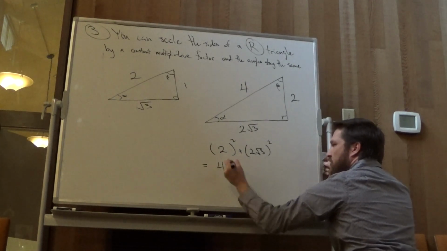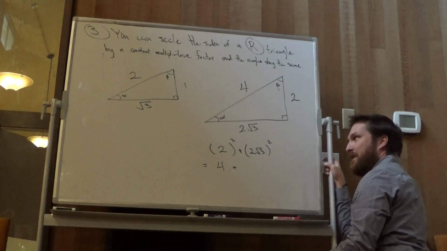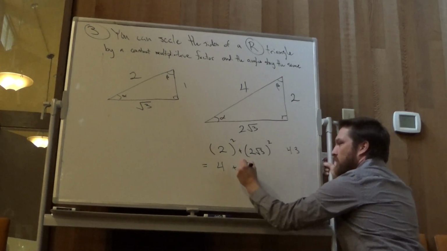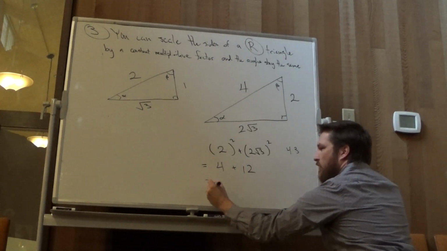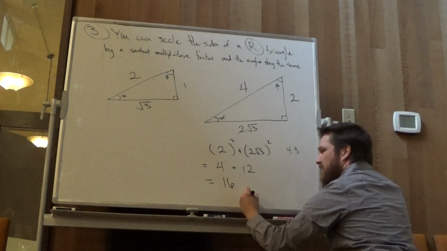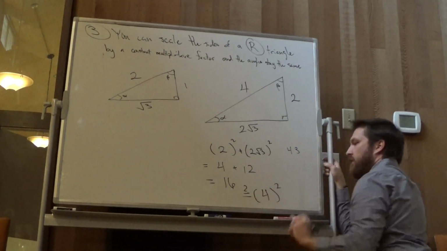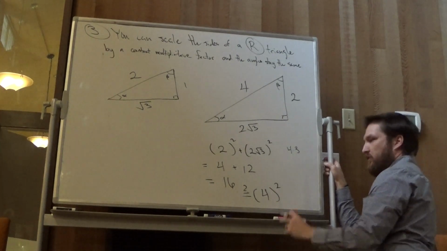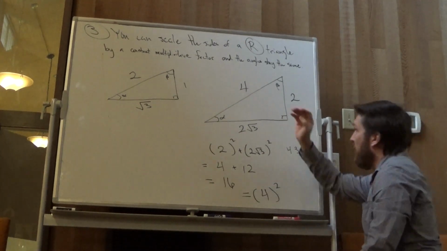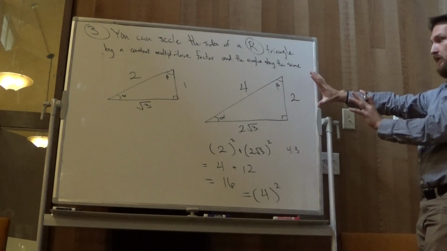And what's 2 root 3 squared? 4 times 3, which is 12. And 4 plus 12 is 16. Is that equal to the hypotenuse squared? Yes, 4 squared is 16 last time I checked. And so it satisfies at least that. So we know that it's a right triangle.